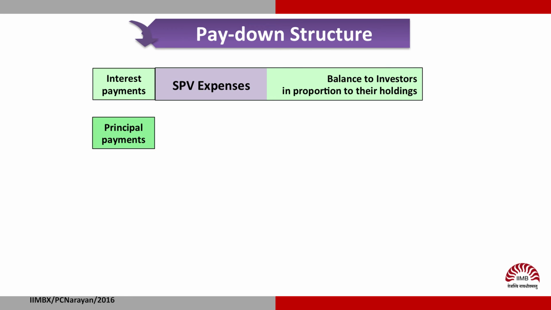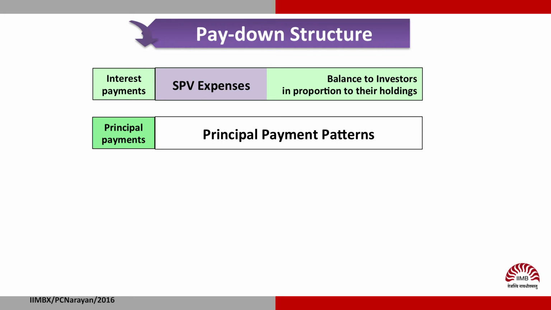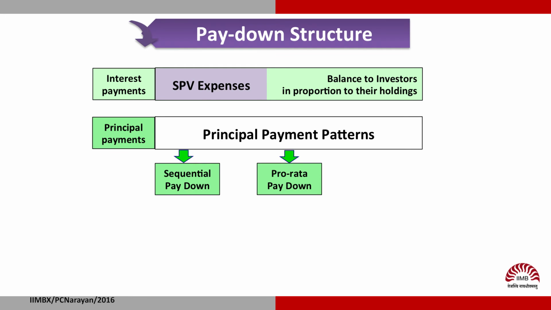The repayment of principal would follow any of the following patterns: sequential paydown, pro rata paydown, or fast pay, slow pay. Let's look at each of these in some detail.